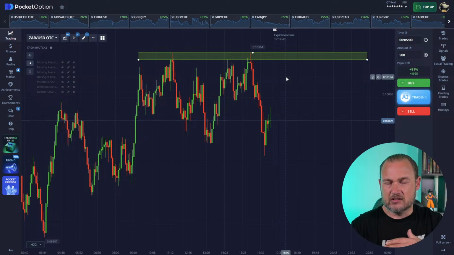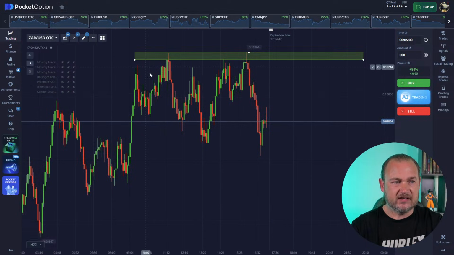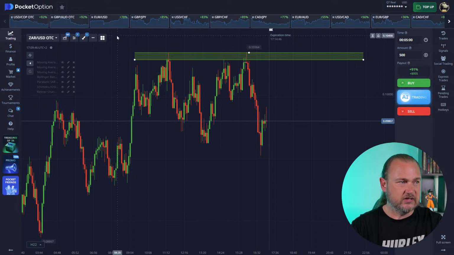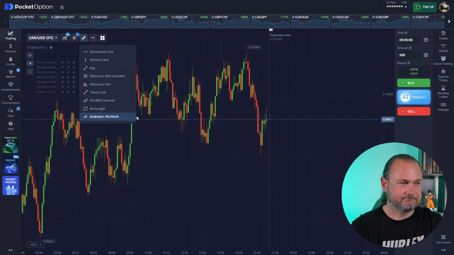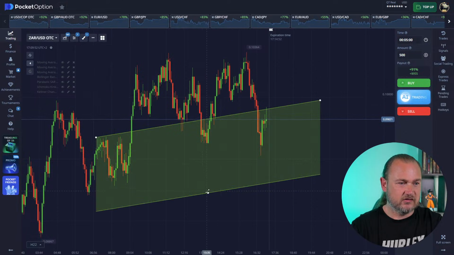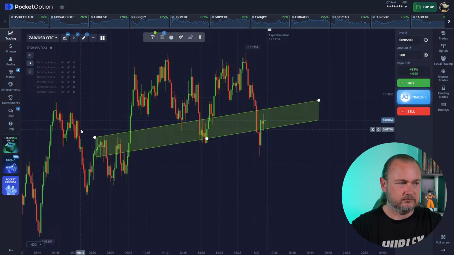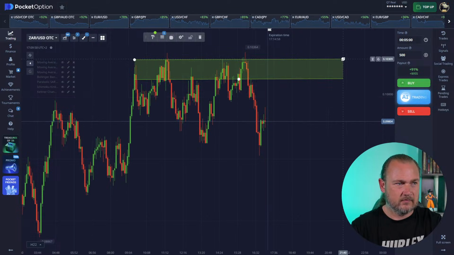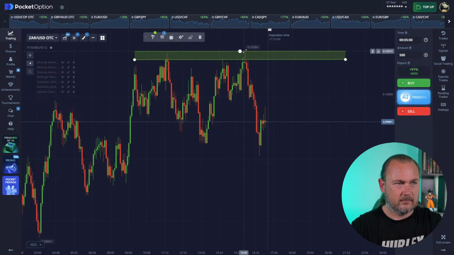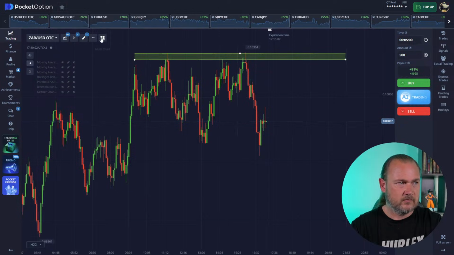potential resistance area. Same as when price is going down and starts going up again, we can draw areas in like this. So let's just do, I clicked on the wrong thing there. There we go.